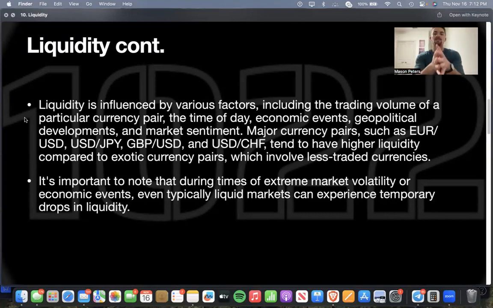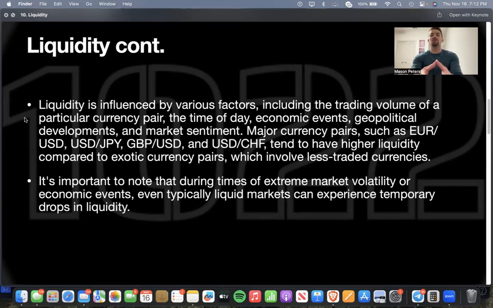And this is influenced by trading volume, the time of day, economic events, geopolitical developments, and market sentiment. Major currency pairs such as Euro USD, USD JPY, GBP USD, and USD CHF tend to have higher liquidity compared to exotic currency pairs, which involve less traded currencies.